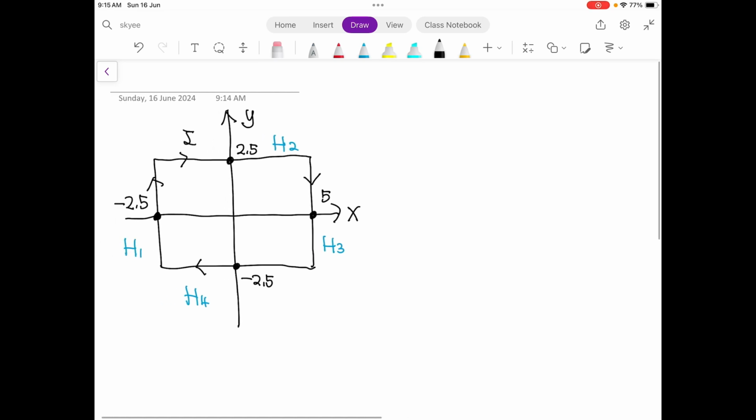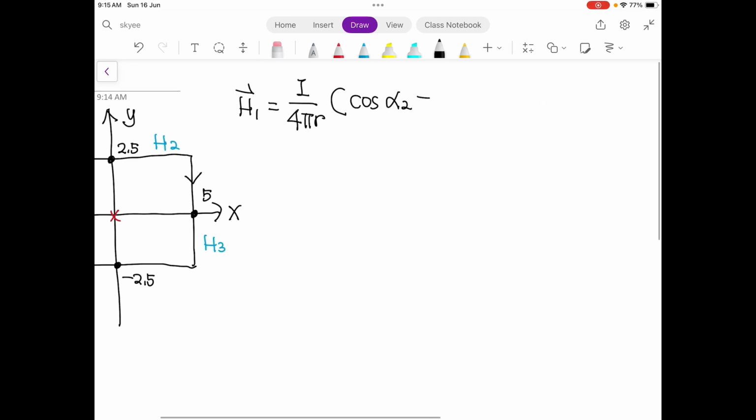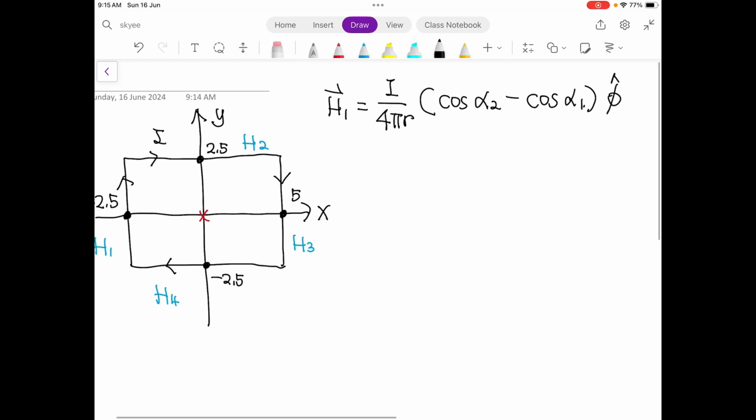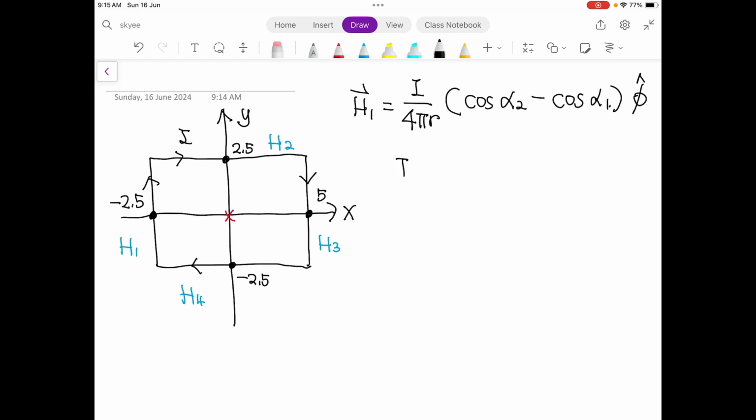Okay, we look at H1. The observation point, the place where you want to find the total magnetic field, will be at the center. For H1, the equation is I over 4 pi r, cos alpha 2 minus cos alpha 1, and phi. You need to find the r. Define the r first. So r will be located along the line of H1.